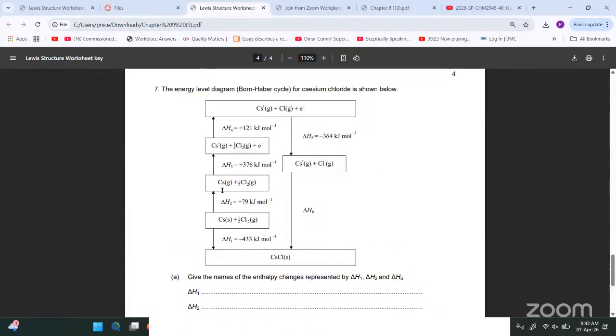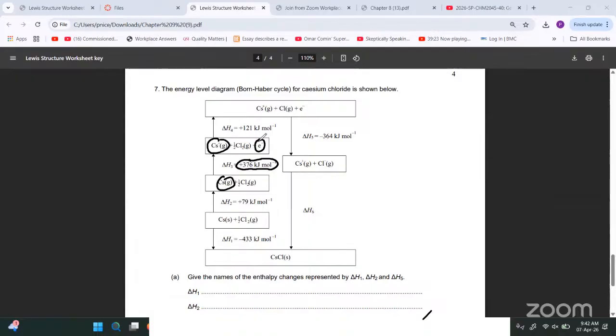So delta H3 involves the conversion of the cesium gaseous atom, which is this, to the cesium gaseous ion by the loss of an electron, right? So basically what the question is asking is, why is it that cesium has a lower value of this energy compared to sodium? Now you have to look at their relative positions in the periodic table, right?